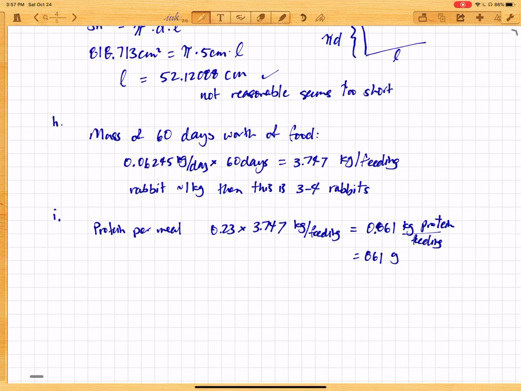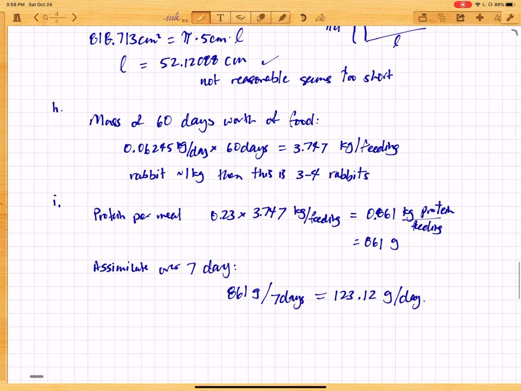So if we assimilate this over 7 days, then the per day assimilation rate is just 861 grams divided by 7 days, and that is going to be 123.12 grams per day.